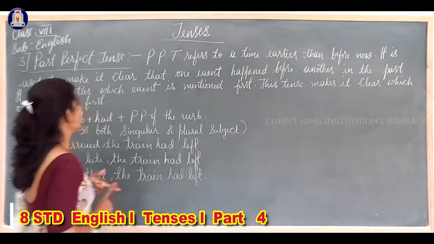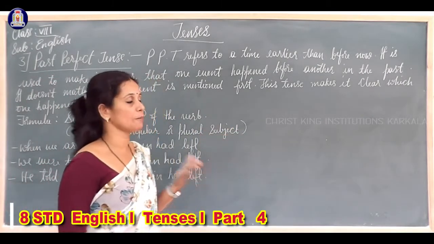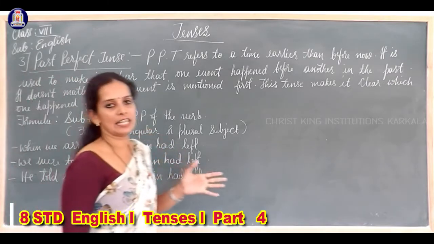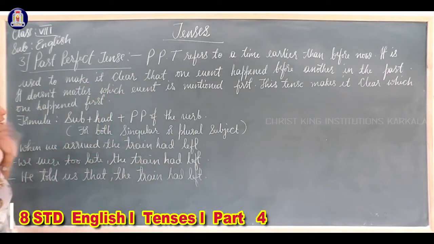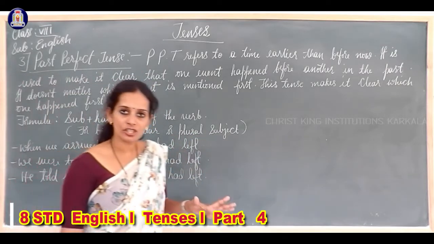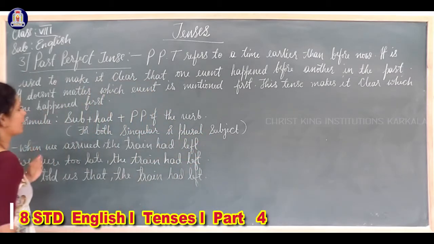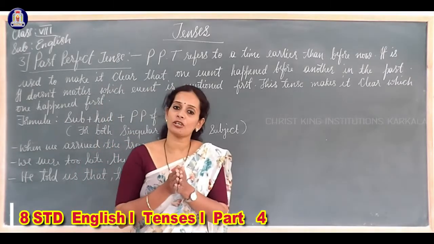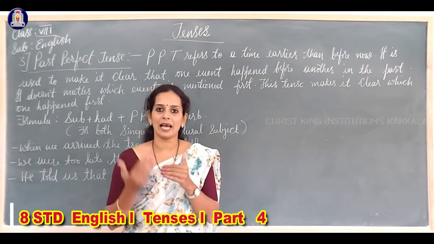Okay, so here past perfect tense refers to a time earlier than before. It is used to make it clear that one event happened before another in the past. It doesn't matter which event is mentioned first. This tense makes it clear which one happened first. That means it shows the completion of an action before another action happens.